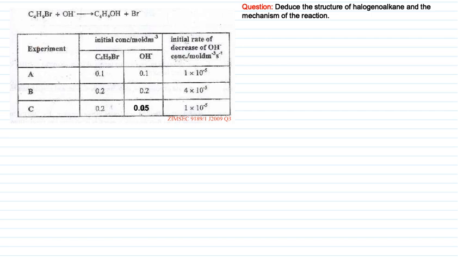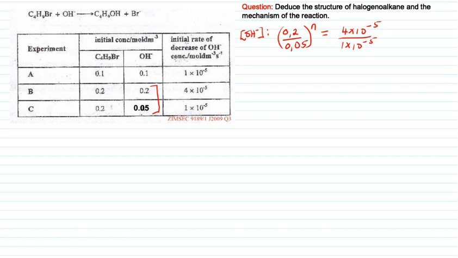We can start with the effect of concentration of hydroxide, using experiment B and C. So we're going to say 0.2 divided by 0.05 to the power of n is equal to the rate, 4 times 10 to the power negative 5 divided by 1 times 10 to the power negative 5.